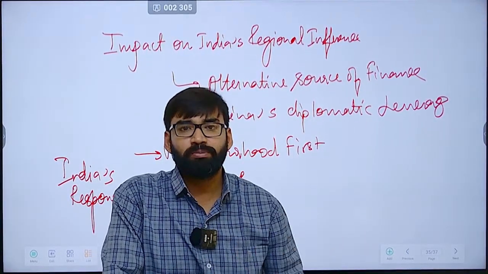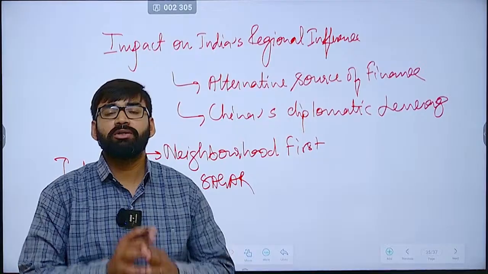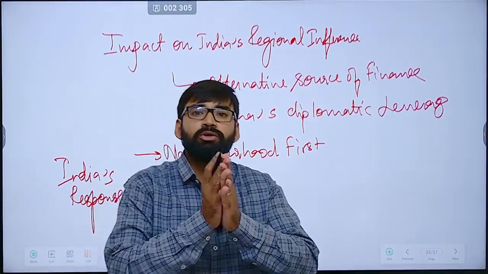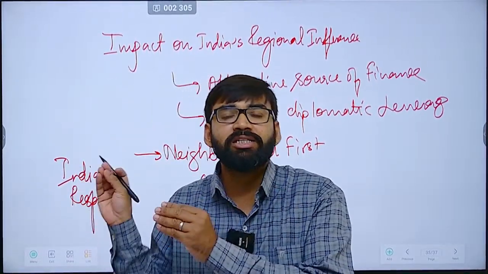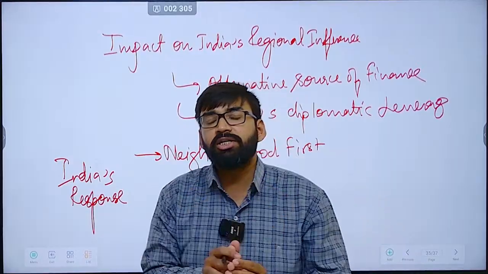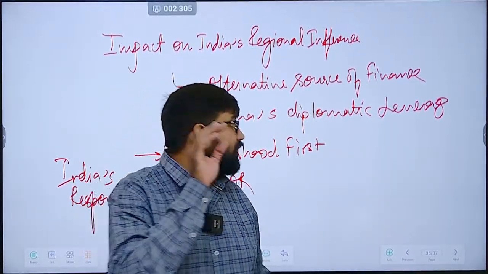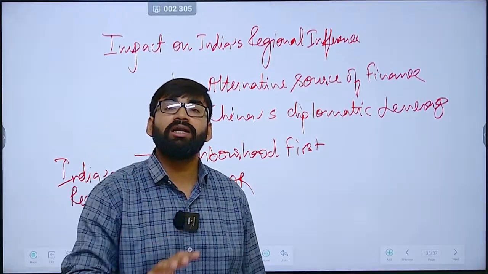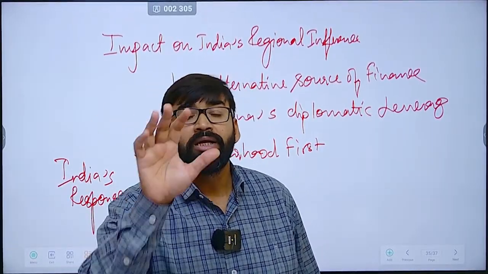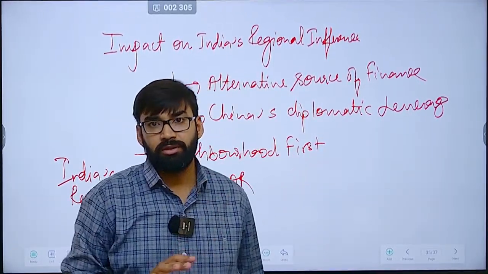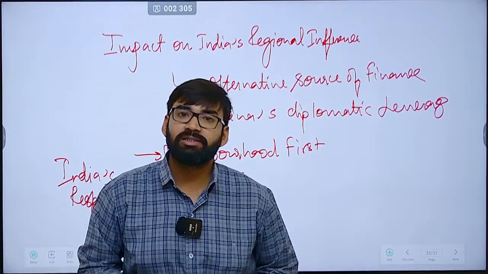These things you have to mention. And at last, in the conclusion you can mention that South Asia should not become a zero-sum India-China battleground. India needs to remain the first responder, preferred development partner and a net security provider in its neighborhood. This is how you should write the answer.